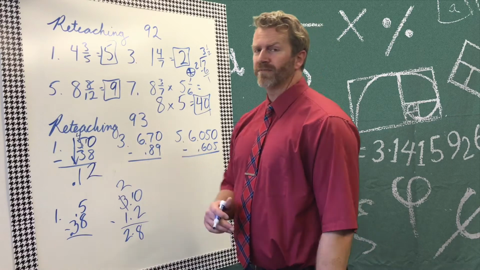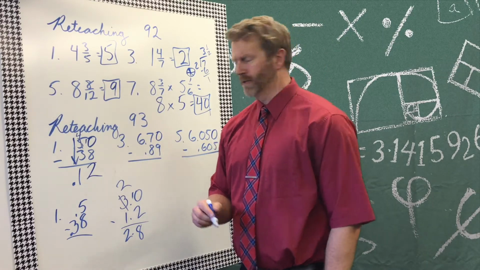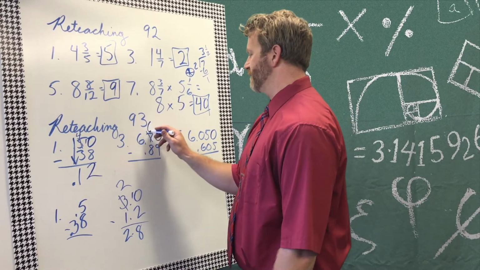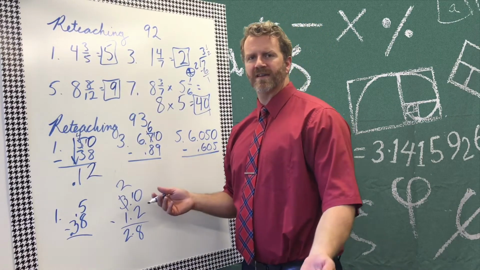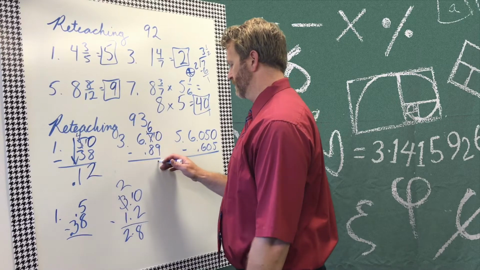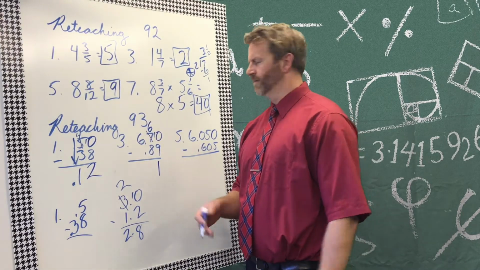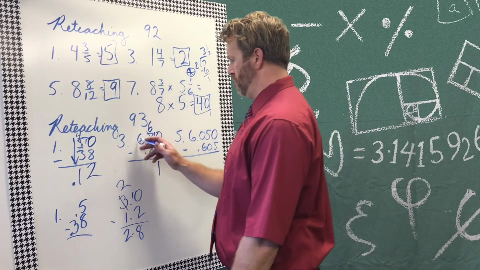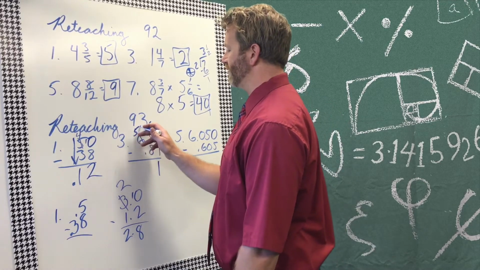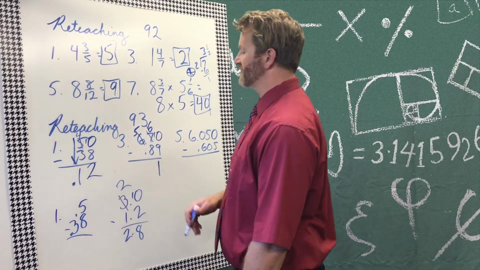All right, so here we go. Can I take 9 away from 0? No, I cannot. So I gotta borrow from this 7. That becomes a 6. Now we got a 10. Now, Cadence, what's 10 minus 9? That's pretty easy, right? Just a 1. Now I can't take 8 away from 6, can I, Cadence? No. So we gotta borrow from that 6. It becomes a 5. That becomes 16.